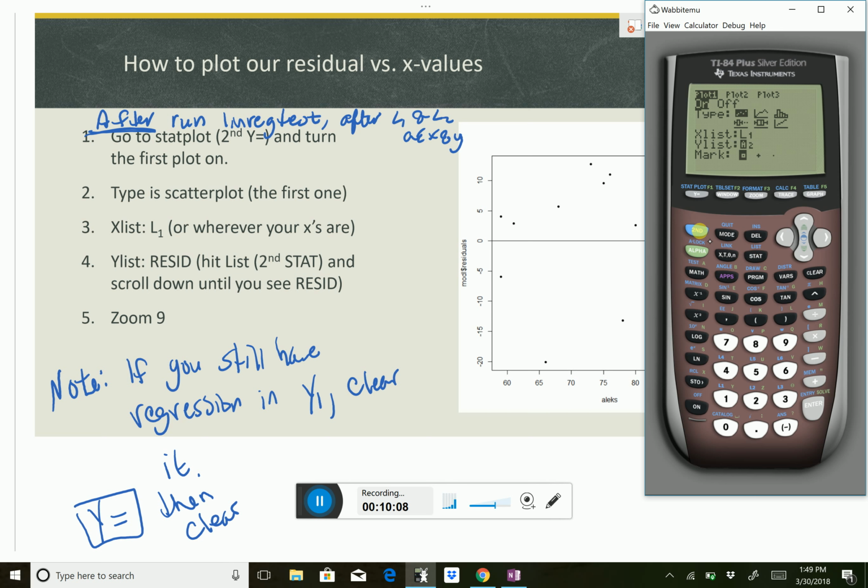So second stat brings up list. And you'll see the list of names. Sometimes you have to scroll down a little farther, but you see number 7 right here. Some of you may have other lists that you have to get to, but number 7 is my residuals. And then I guess mark, you can do what you want. And then I hit zoom 9. There's my residuals.